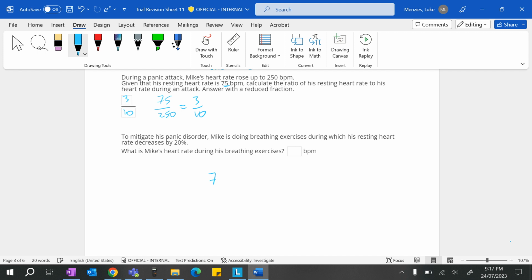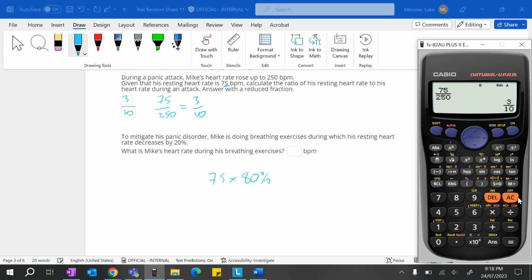Now you can say times 20% and subtract it off, but what I'm going to do is multiply by 80%. It's reducing by 20%, so if I think 100, take off 20% gives me 80%. It's a nice little easy way to do it.